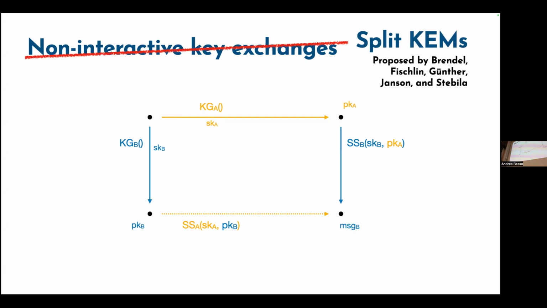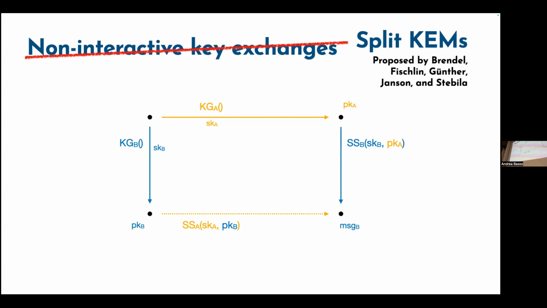So we basically replace this arrow with something that actually produces a second message that we call message B, which is then sent to the first party, and this also spits out a shared secret.